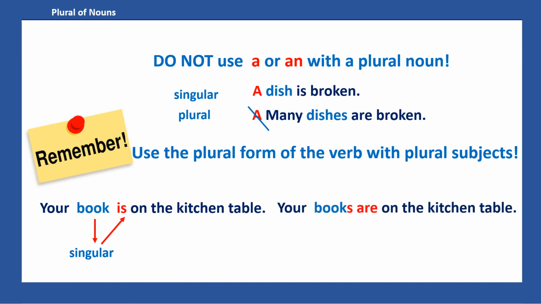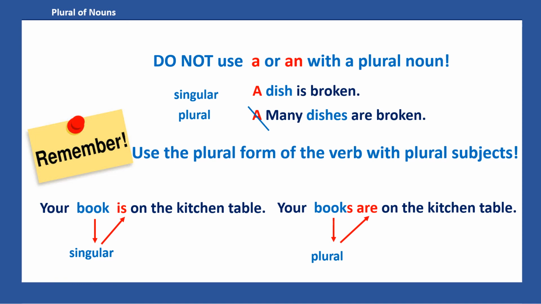Your books are on the kitchen table. Books, singular or plural? Plural. So look at the verb. Is it the same as with the singular? No. We need to use the verb are. Now, if we want to replace books with a subject pronoun, what do we use? They.